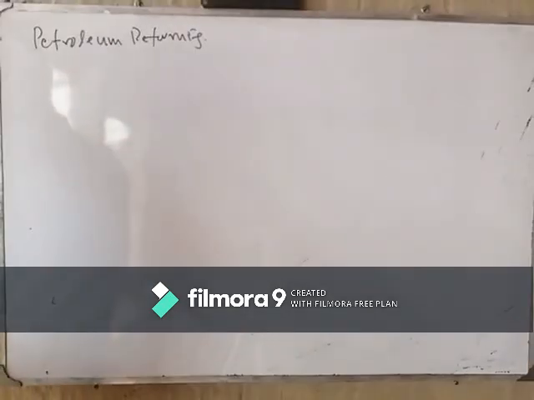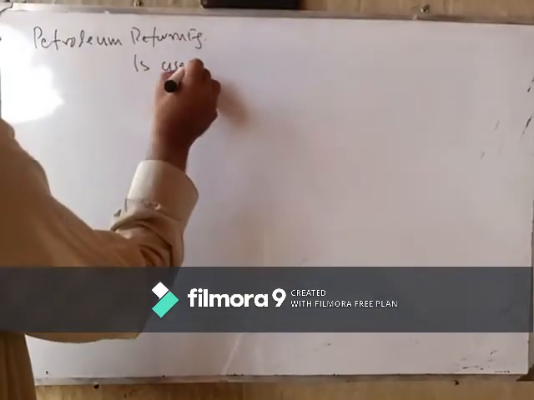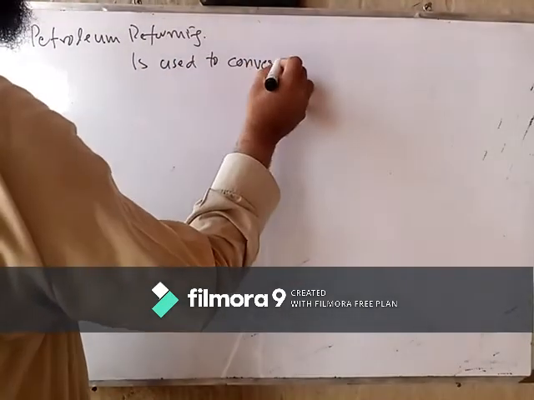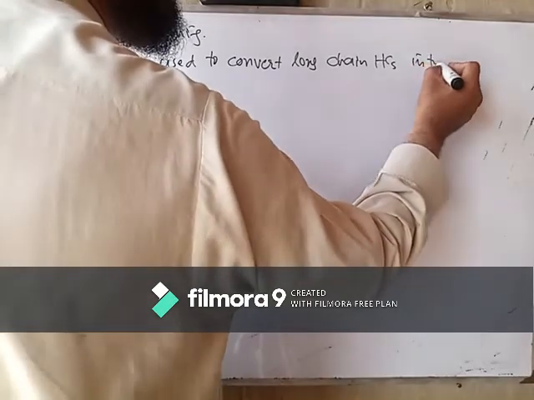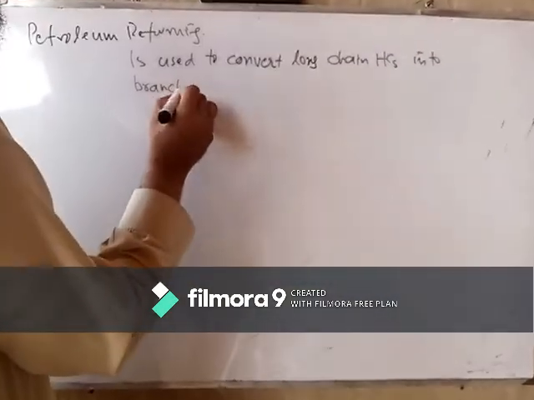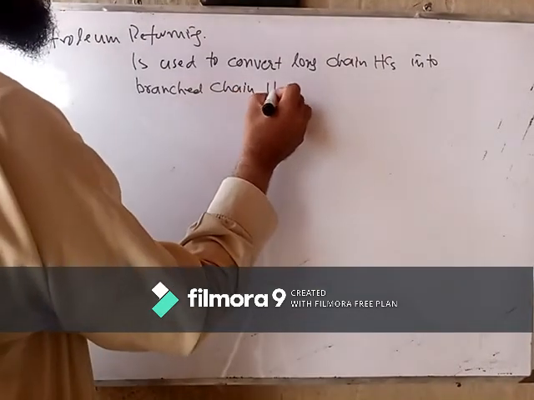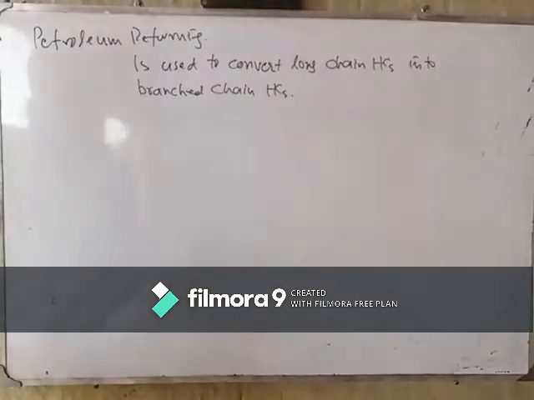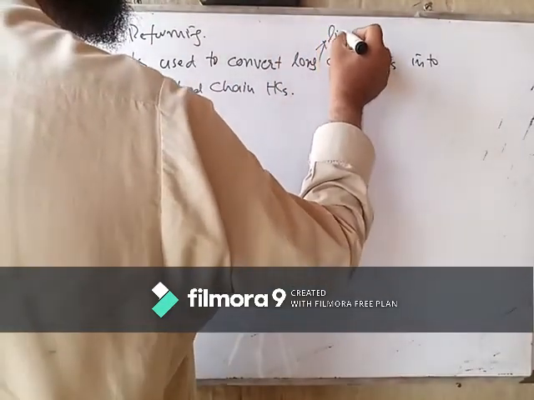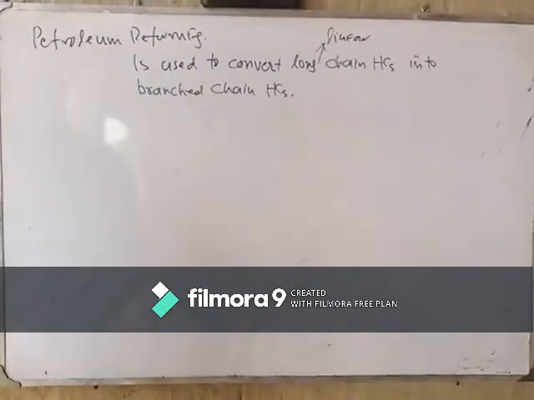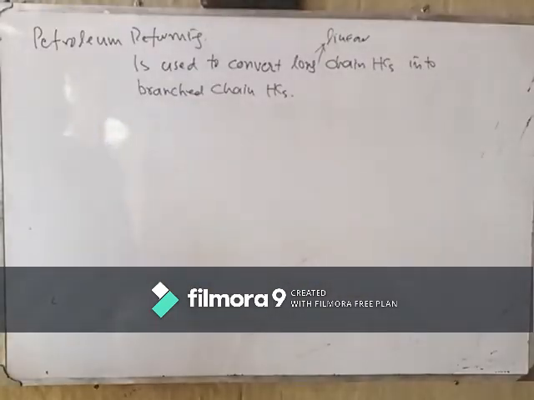This is the process used to convert long chain or linear chain hydrocarbons into branched chain hydrocarbons in the presence of a catalyst.